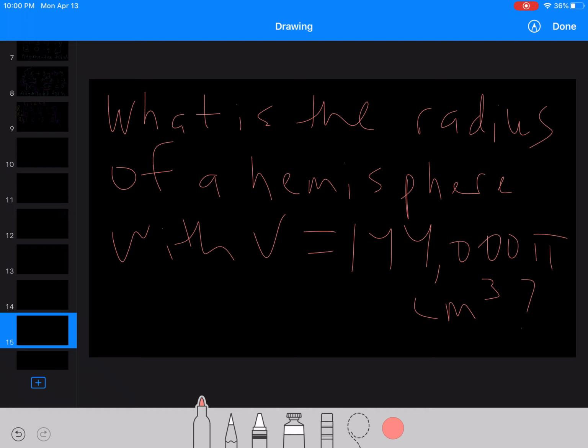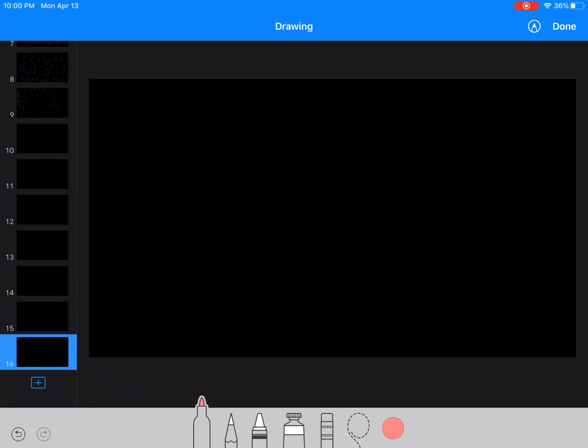Okay, let's write down the volume of that hemisphere, which we should have in our notes. Make sure you use that. The volume of a hemisphere is V equals 2/3 pi r cubed, and we're solving for r here.